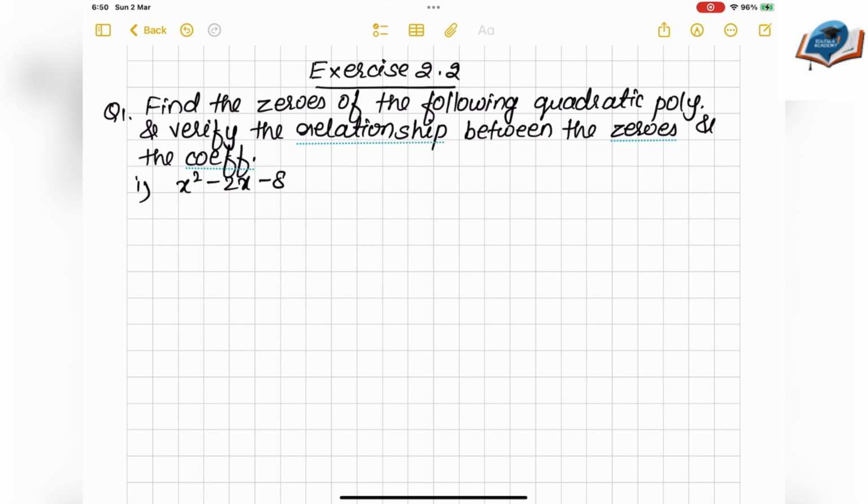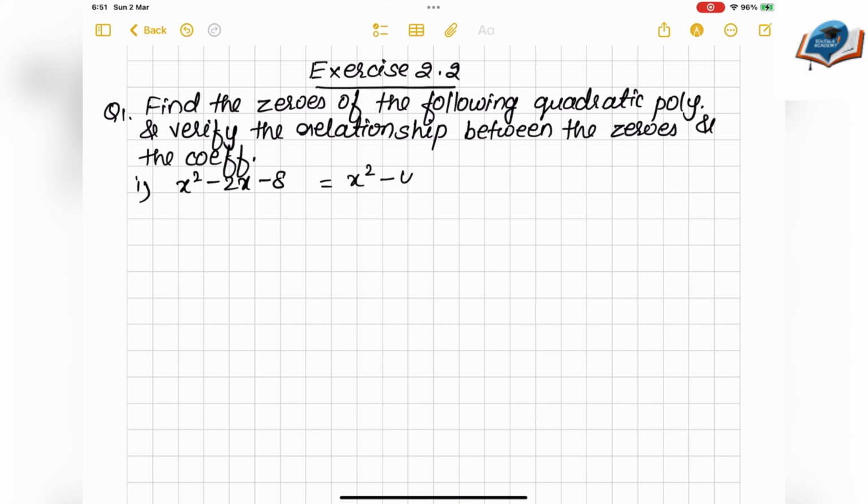Now next is exercise 2.2 question 1, that says find the zeros of the following quadratic polynomial and verify the relationship between the zeros and the coefficients. So first one is given: x square minus 2x minus 8. If I find the zeros of this polynomial, I need factors of minus 8 whose sum is minus 2.